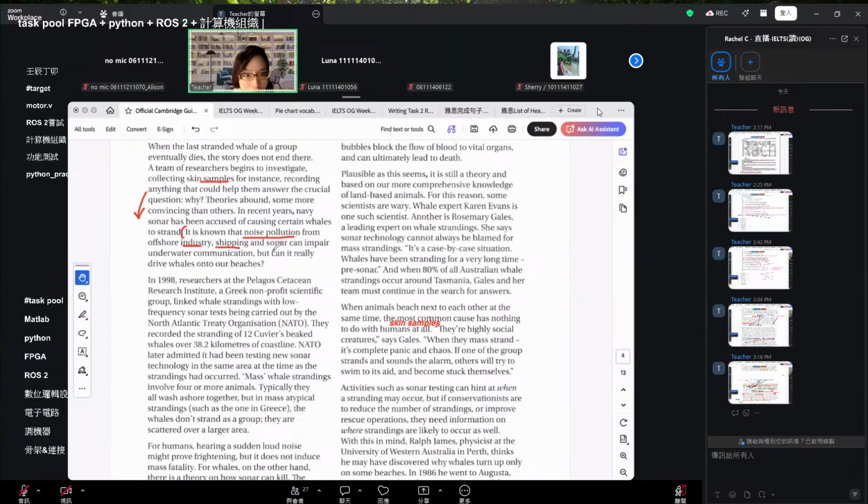And sonar can impair underwater communication. So at least they were creating noise pollution. 2 words, so noise pollution for question 15. As for 16, geographical feature, most whale stranding in Australia happen. In Australia, most stranding. You will have to write it down as you wish, and then we'll sit for number 16.